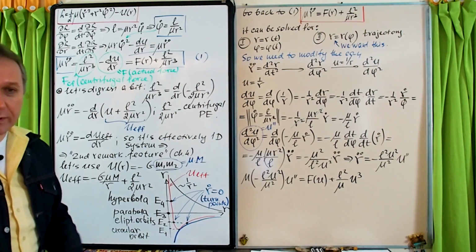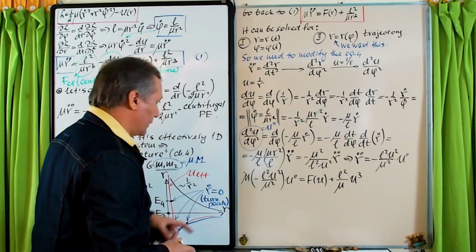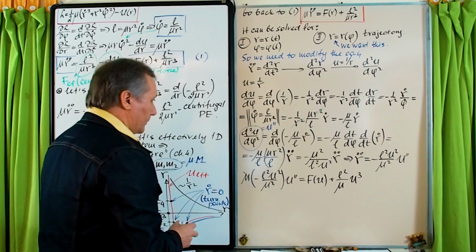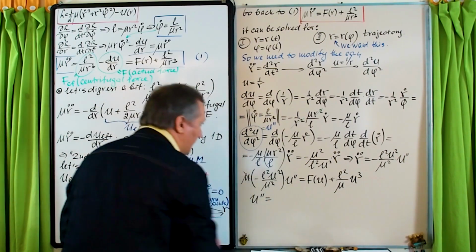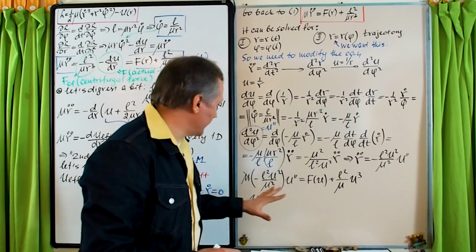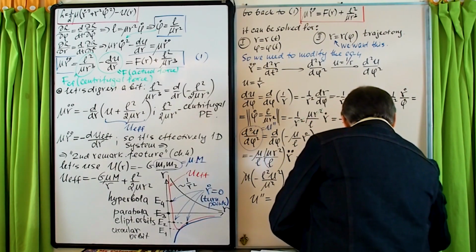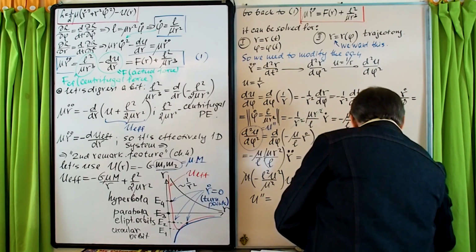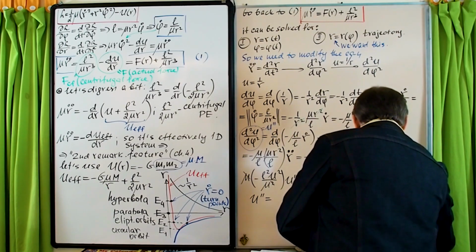Okay, so now let's get rid of this factor in front of u double prime. So we will get u double prime equals. We're going to multiply this whole equation by mu and divide it by L squared u squared, with minus.